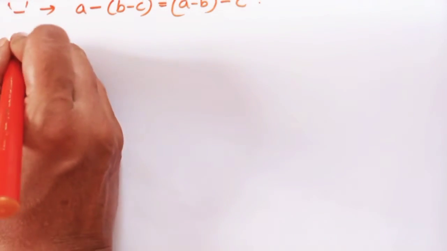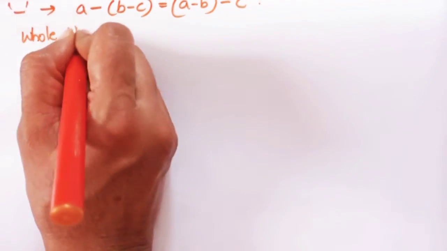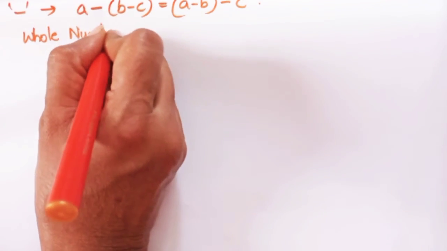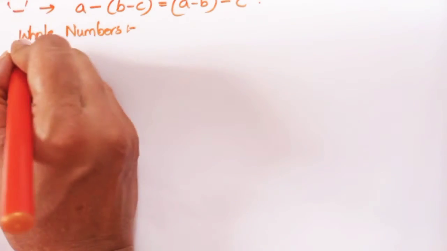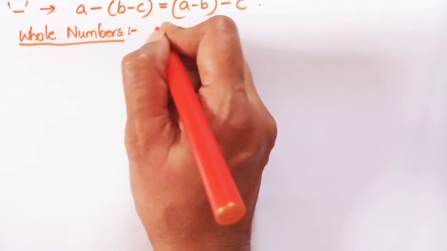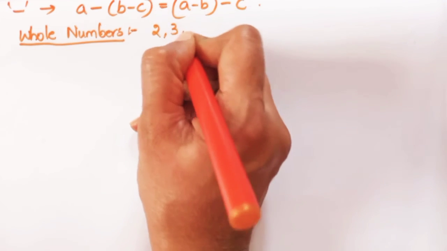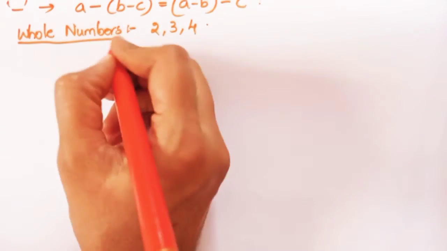Let us start with whole numbers. Why are we checking with whole numbers, integers and rational numbers? Just to make you thorough with the property. There will never be a confusion again. Let me check this with 3 whole numbers as usual, 2, 3 and 4.